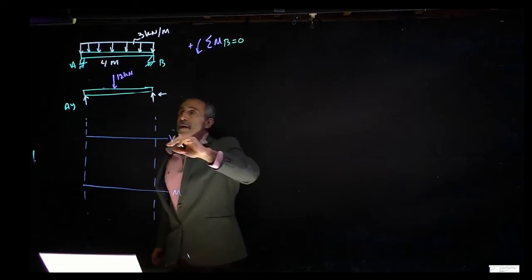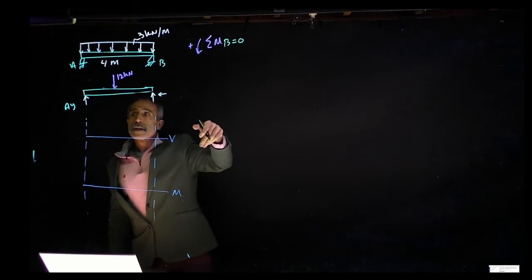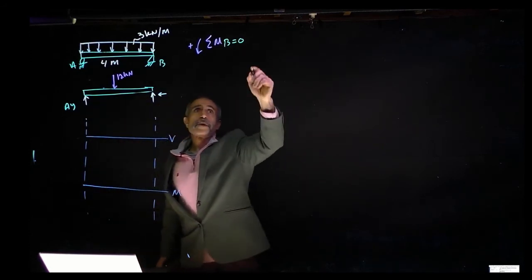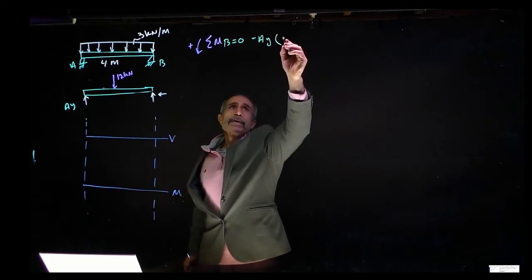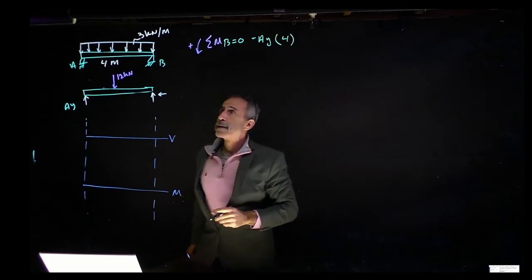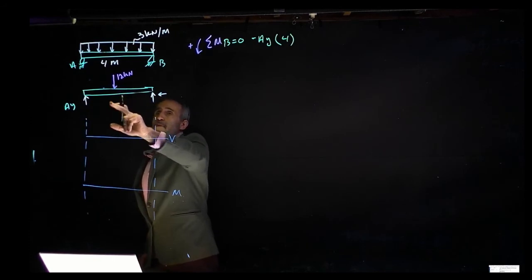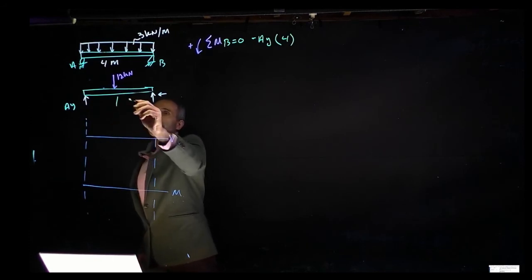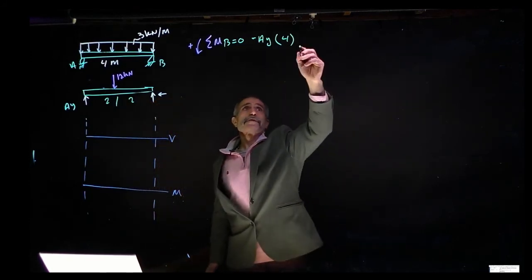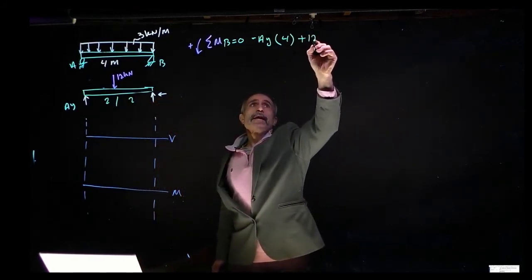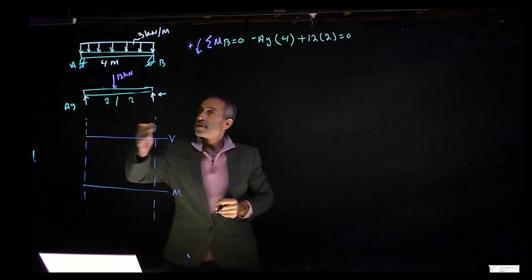So I'm going to say AY is going to be negative because it's rotating clockwise, minus AY times 4. Then I have this concentrated load, which is 12 times 2 meters, and that's going to be positive. Plus 12 times 2 is equal to 0. Of course, that's the uniform distributed load.